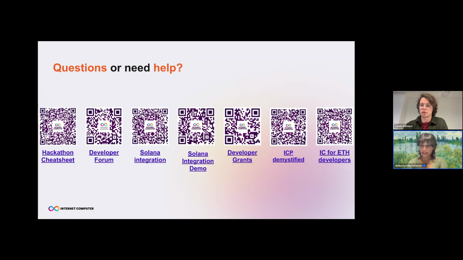Emmanuel was asking about chain key signatures and threshold signing. They thought it was unique to ICP, but I think you mentioned it's not. Can you explain a bit more about that? Yes. Maybe the wording there was a little bit unclear.